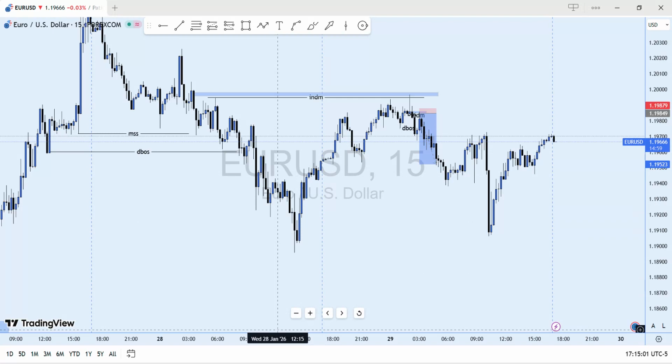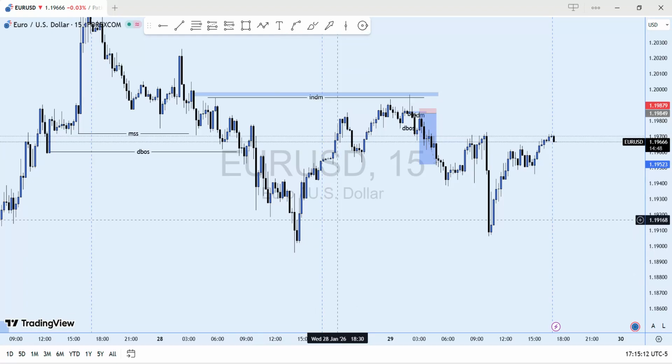And then Monday, Tuesday I had no trade. Wednesday, which was yesterday, I lost $68. So in all, I lost like $152 on the account, which is equivalent to three different trades.